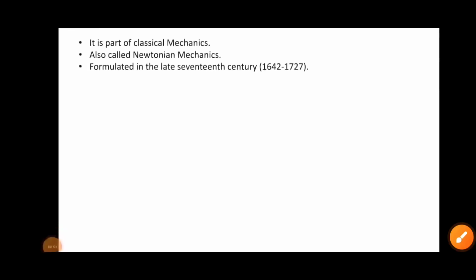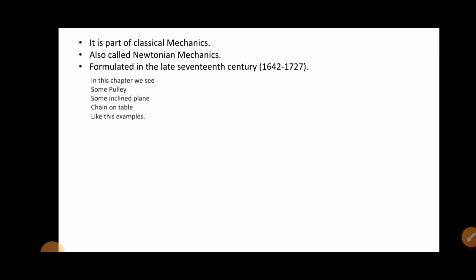It is a part of classical mechanics, also called Newtonian mechanics, formulated in the late 17th century, 1642 to 1727.